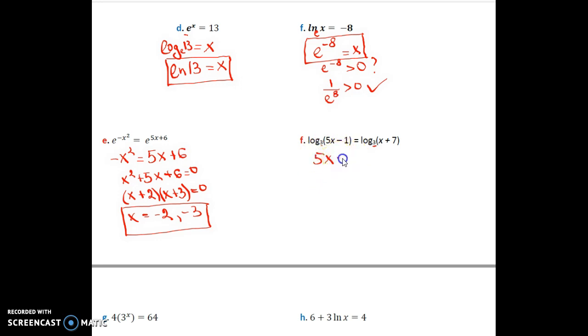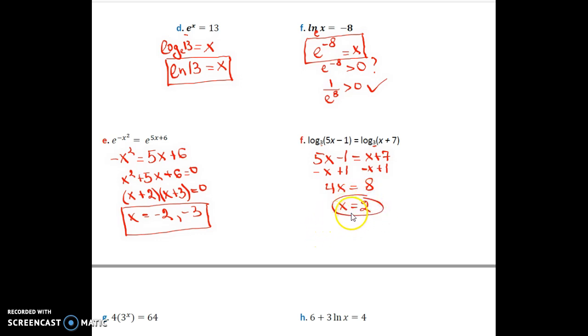That gives you 5x minus 1 is equal to x plus 7. We can solve that. Let's go ahead and add 1 to both sides. At the same time, we're going to subtract x from both sides. We have that 4x is equal to 8, which gives you that x is equal to 2.